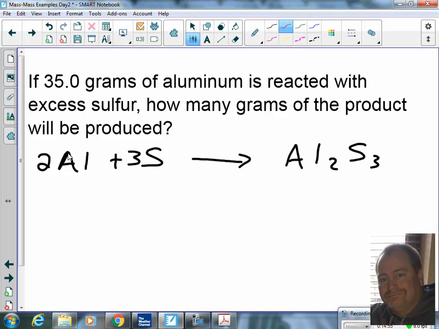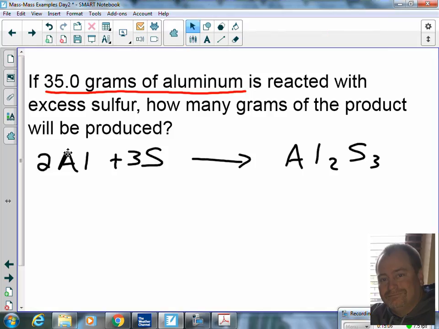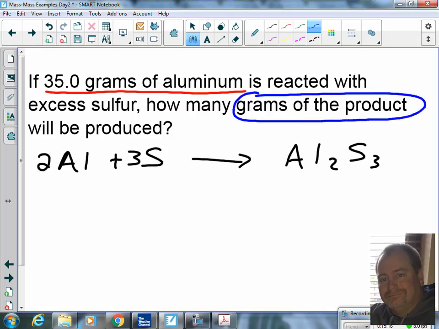To determine the known and the unknown quantities. What's our known quantity, Ashley? 35 grams of aluminum. What is our unknown quantity? Grams of the product. Now, what does that mean?